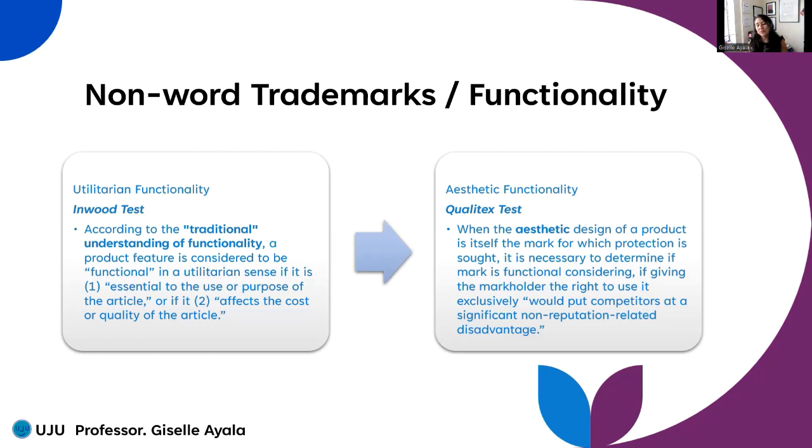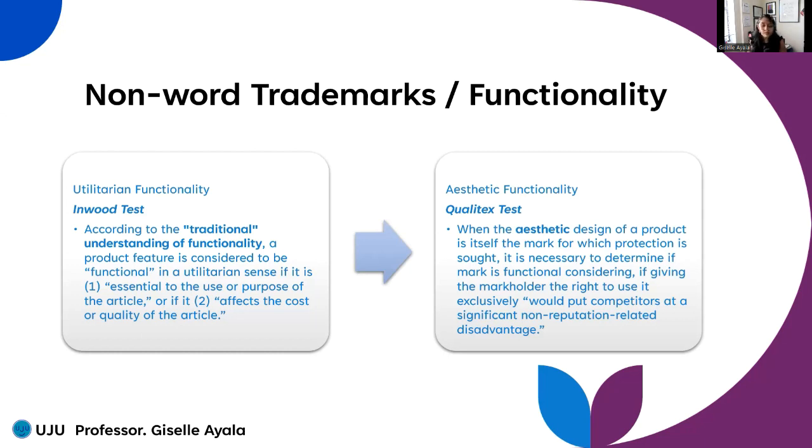So when we have that functionality, which does not exactly fit the definition of utilitarian functionality as, one, a feature that is essential for the use or purpose of an article, or two, as a feature that affects the cost or the quality of an article, then we take a step further and we think about aesthetic functionality, the design of a product or a service, which also distinguishes that product or service, but it is necessary to maybe foster fair competition, maybe to protect consumers.